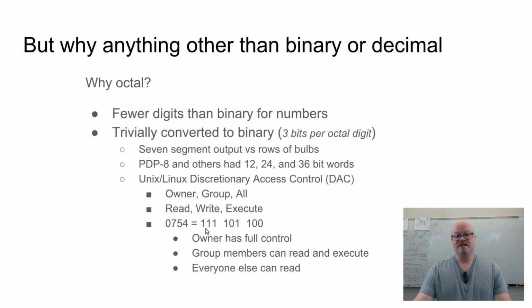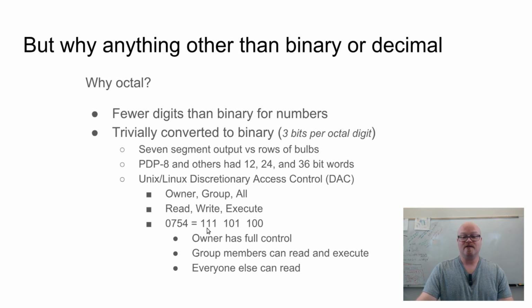And each cluster of 3 represents the list of entities that I have up here. The first 3 is for the owner. The second 3 is for the group that the resource is assigned to. And the last 3 is for everybody who might have access to this computer system at all.